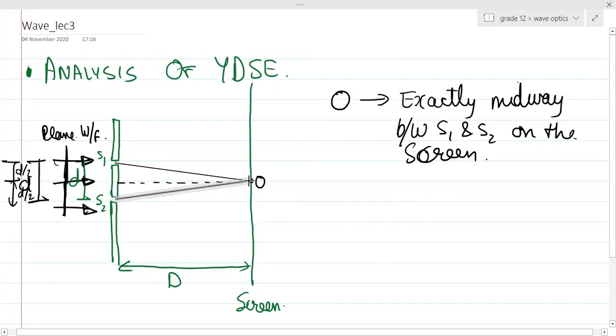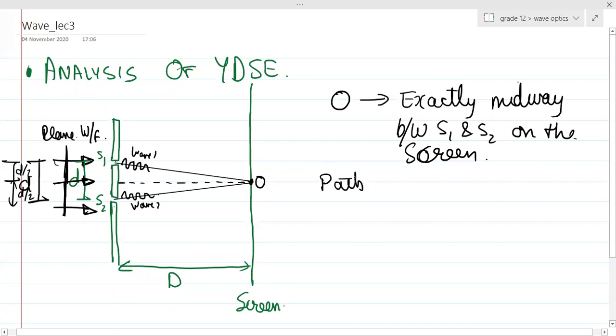Can you see, guys, the waves from both the sources, S1 and S2? This is wave 1, and this is our wave 2. Where are they superposing, guys? They are superposing at point O, right? Yes or no?